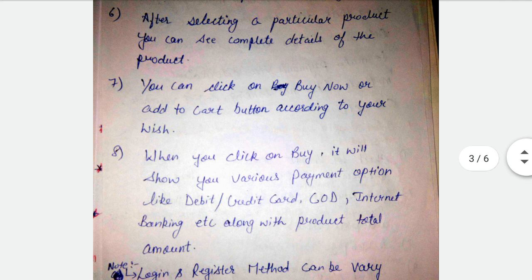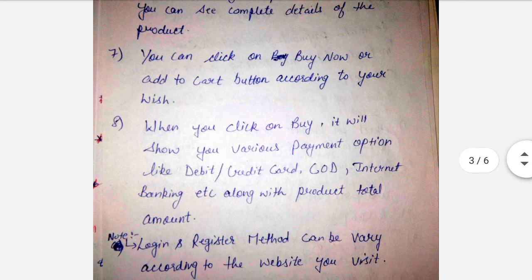So all this was about how you can see the products and how you can buy them. After the purchase option, the payment option comes. When you click on buy, it will show you various payment options. You can pay with your debit or credit card.